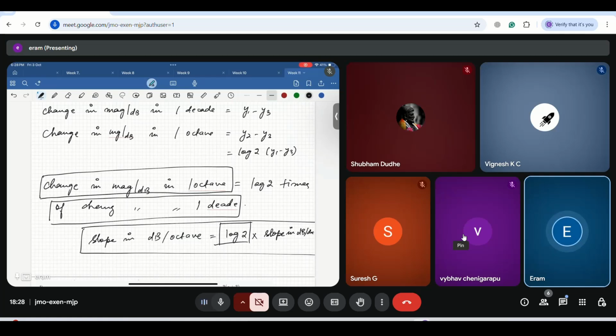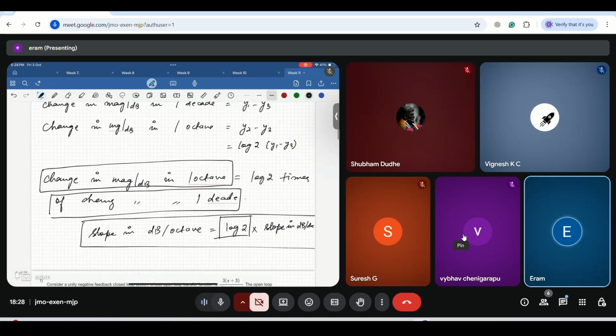Okay, so in my previous video, we had a question where we converted 20 dB per decade to be equal to 6 dB per octave. And how is it coming?